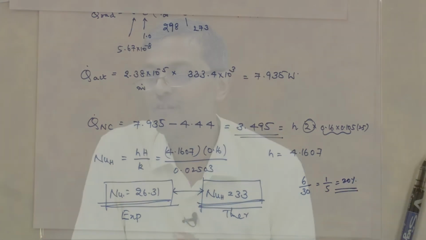But of course there are a lot of uncertainties. Maybe there might be some blowing of air or something, so am I maintaining the natural convection completely? Some uncertainties would account for this variation. So that is all about natural convection. With this we have covered natural convection for laminar boundary layers.